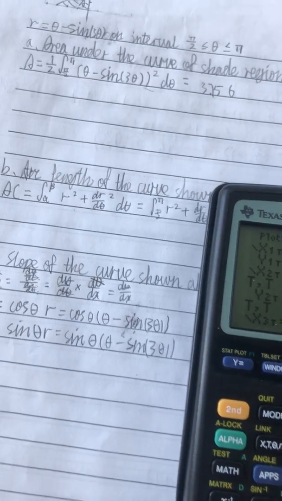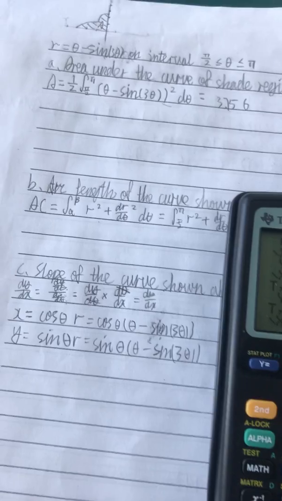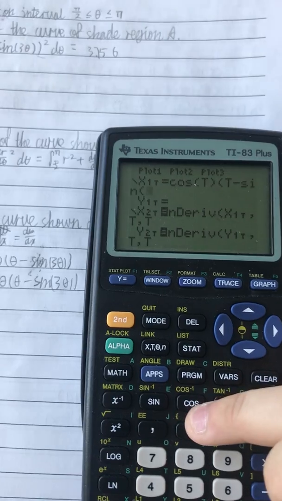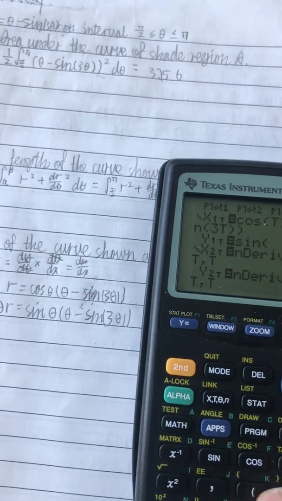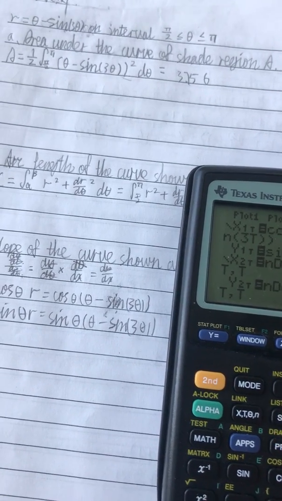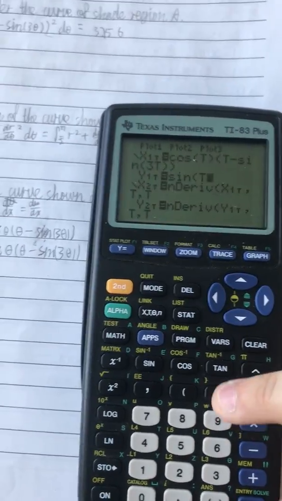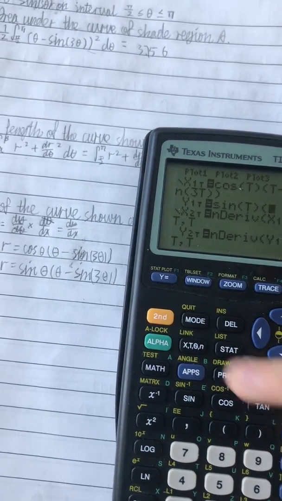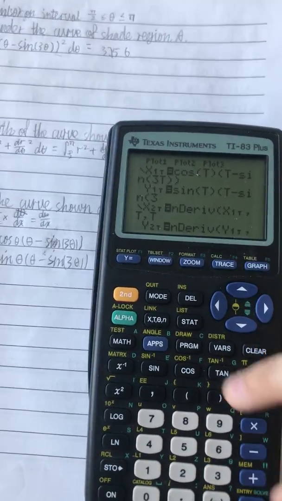So cosine t times t minus sine 3t. This is sine t times t minus sine 3t. It doesn't matter whether it's theta or t, it's doing the same work.